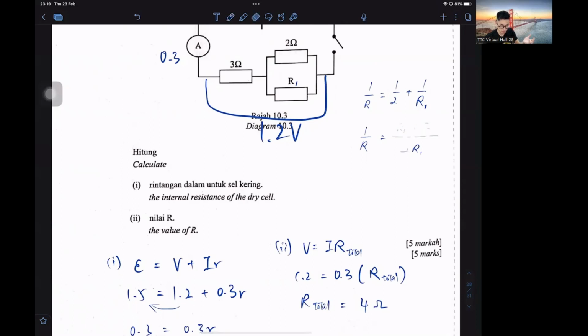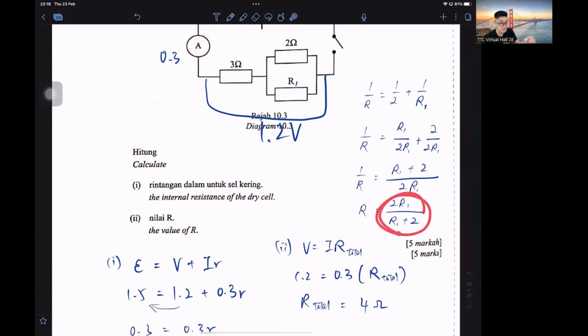I split it up first. This one multiplied by R1, you get R1 over 2R1, plus this one multiplied by 2, you get 2 over 2R1. So 1 over R equals R1 plus 2 over 2R1, because the denominator is the same, you can put them together. So this R equals 2R1 over R1 plus 2.